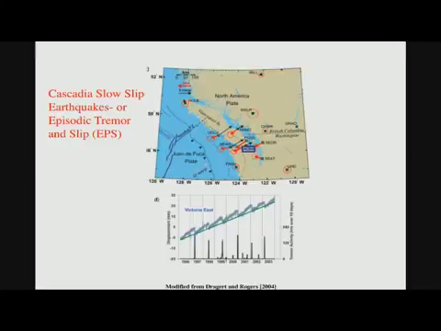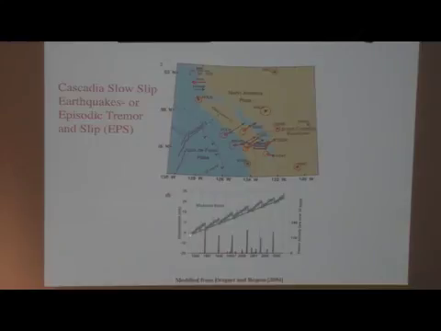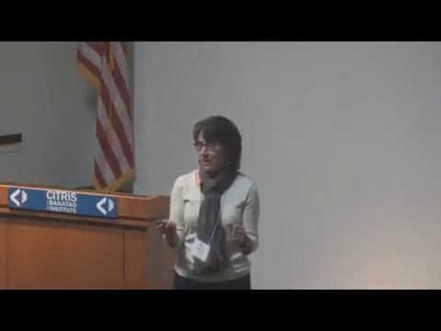Here's the actual record from this GPS station. I think it's a horizontal. So here's strain accumulation, slow slip, strain accumulation, slow slip, and it repeats. What also has been observed during these slow slip events, although we don't radiate seismic energy, is seismic tremor, which people think now is maybe small patches embedded in the slow slip region that can actually have frictional stick slip behavior.